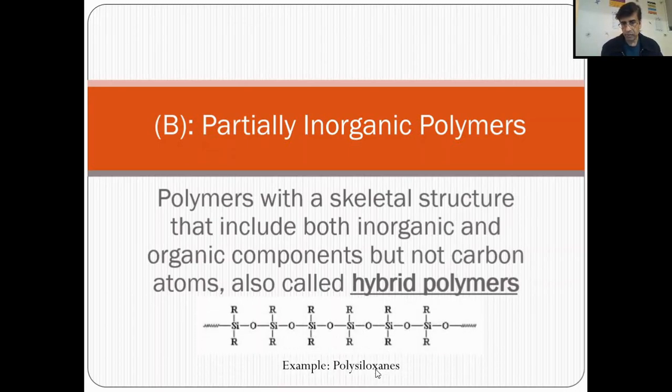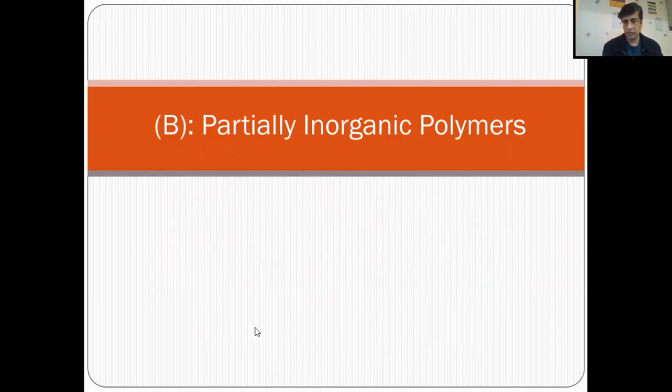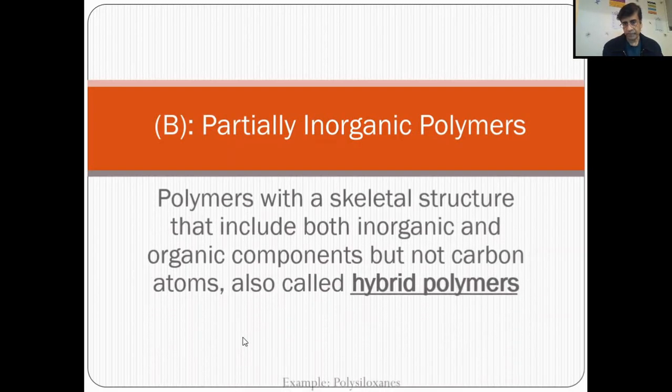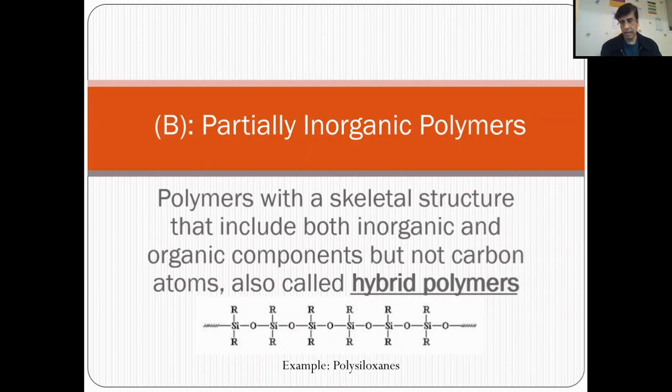So if you look into the backbone, you have silicon and then oxygen, and then silicon, oxygen. So in the backbone you have another atom, oxygen. Before that it was only silicon, silicon, silicon. That's why it's only inorganic. And this is the hybrid one, also called a partially inorganic polymer. So you should be able to remember the basic difference between the two.